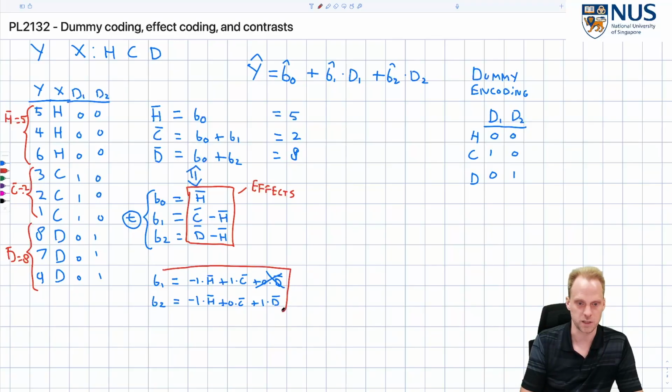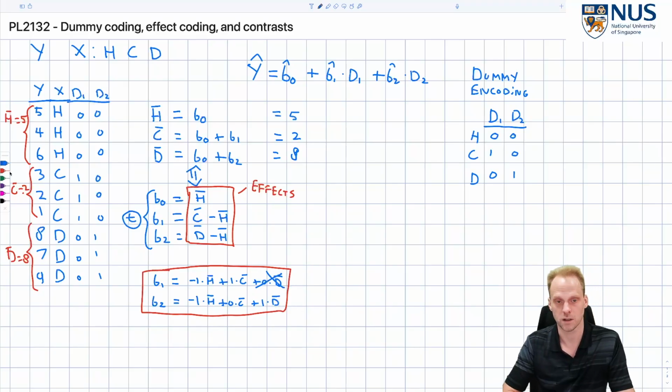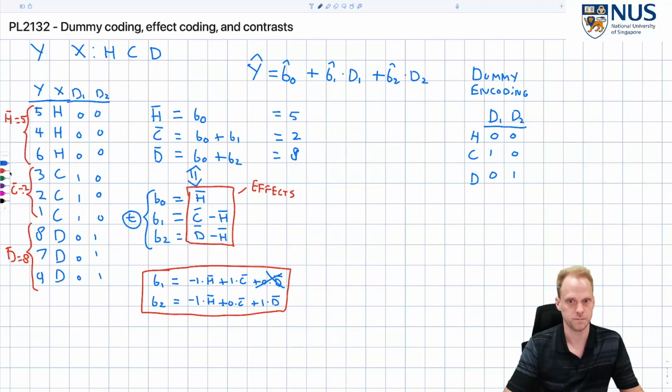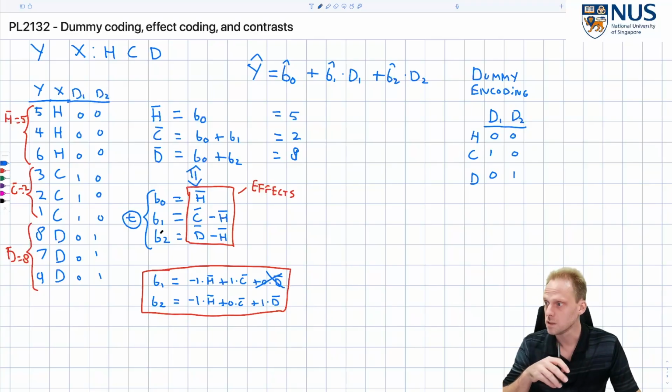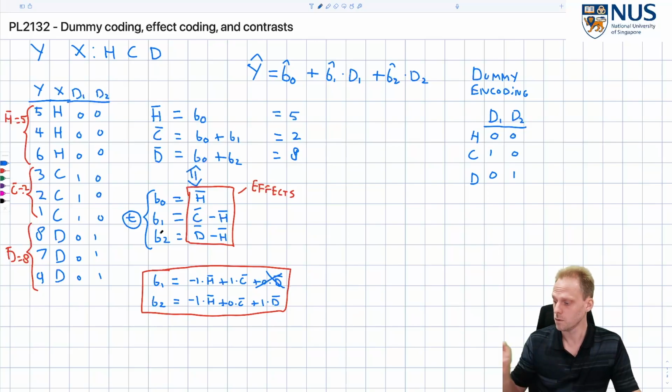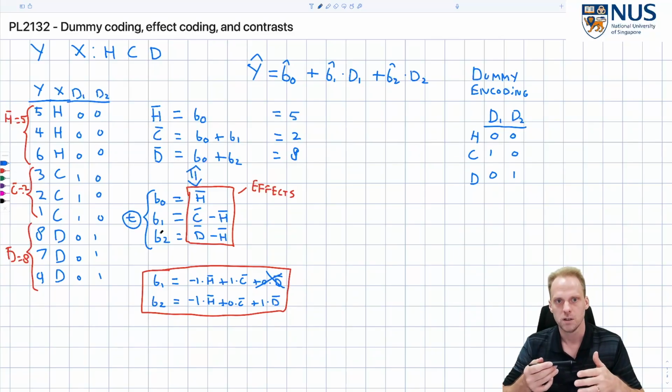This intercept is basically always there, right? So there are two effects here that we get associated t values for. Now, this means that every regression parameter in my regression model, if I have these dummy variables, is encoding some effect, right? Something that I might be interested in.